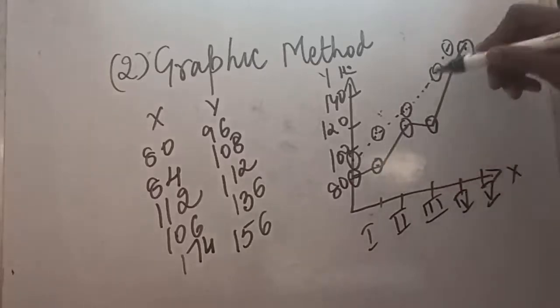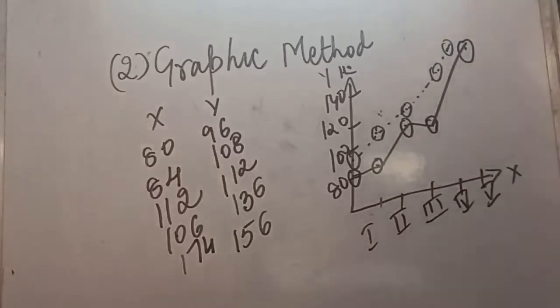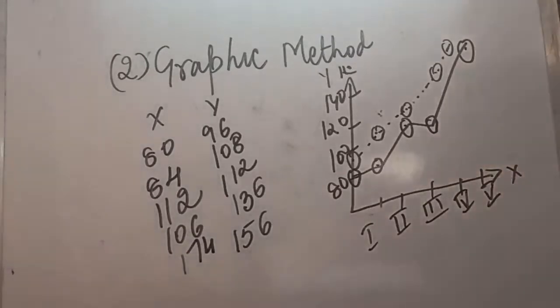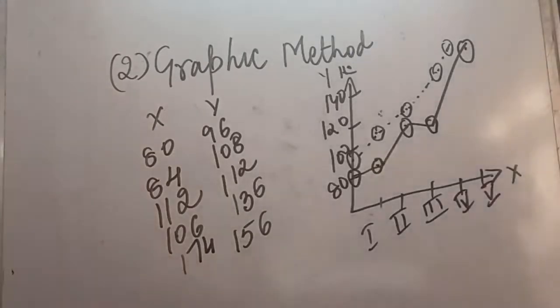Here we can see both the lines are moving upwards. So we can say there is high degree of positive correlation. These two methods were based on the graphic techniques, and besides that we have the algebraic methods also, which we will discuss later.